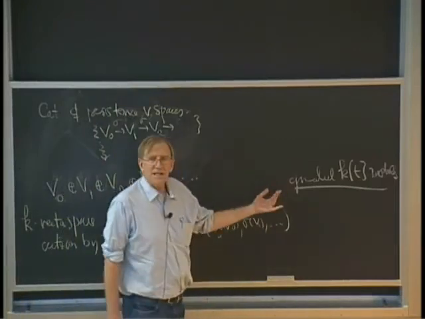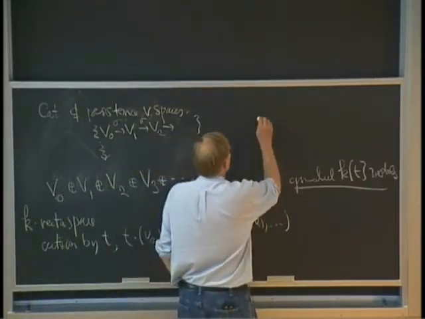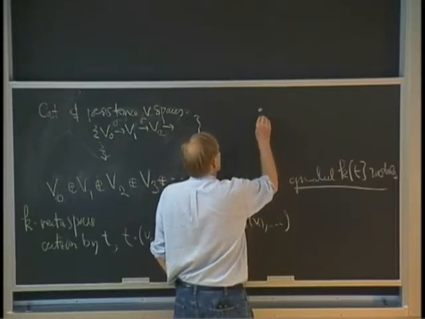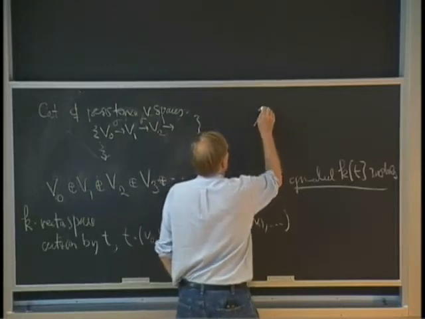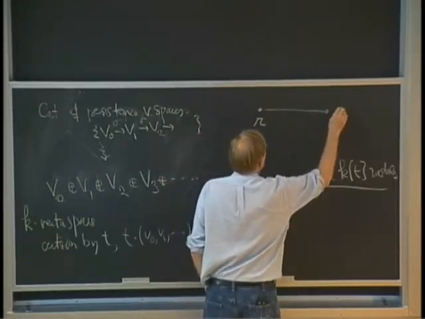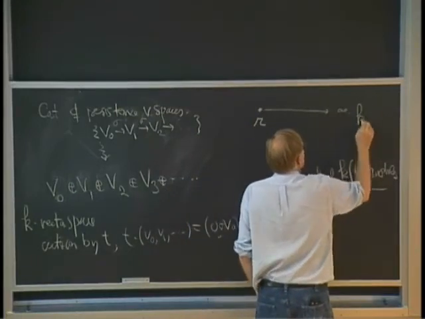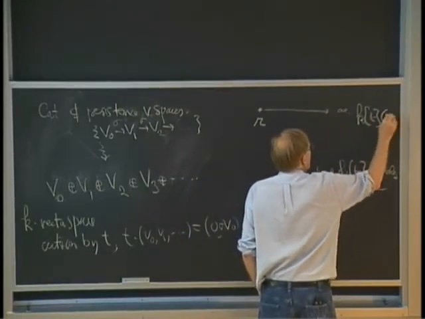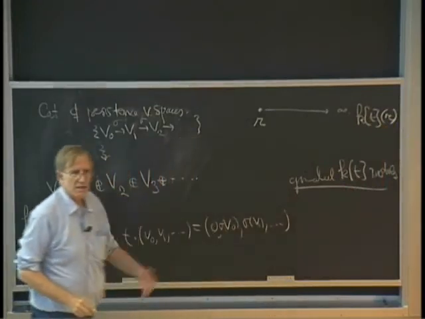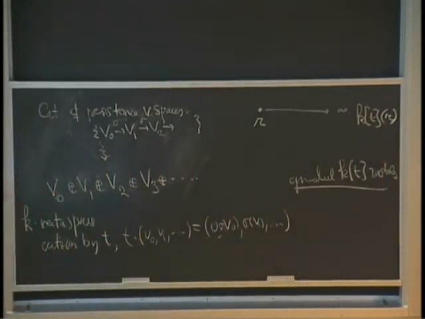In this graded case, it's even simpler. The modules can either have a starting point R and then go off to infinity. That's something we might write as K[t] shifted by R, because it's a graded module, so it's got a placement.